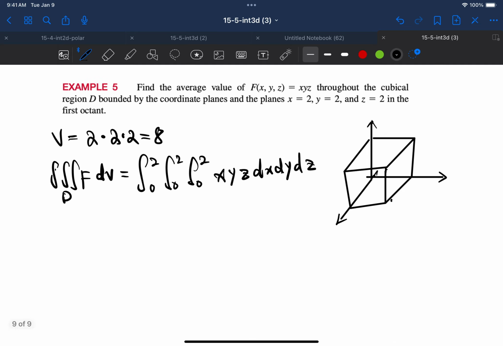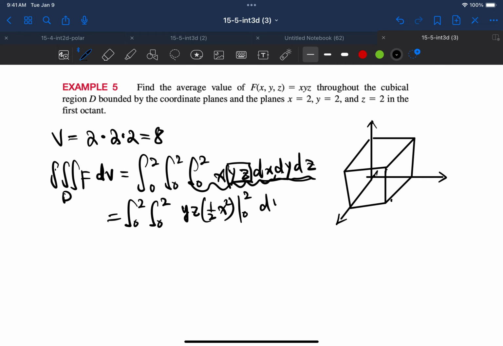Of course, if you want, you can do dz dy dx. It's up to you, but essentially it gives the same calculation. So when I look at this integral, y and z are constant, and the antiderivative is 1/2 x squared, from 0 to 2, dy dz.